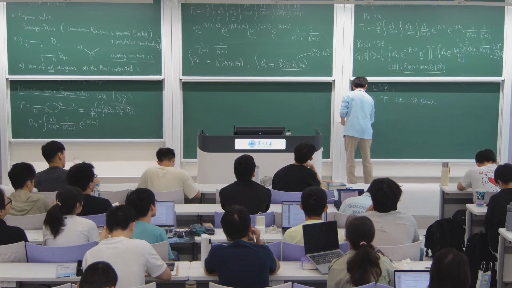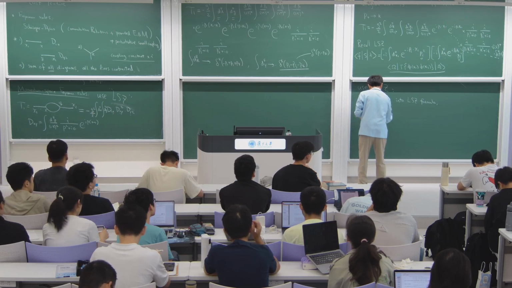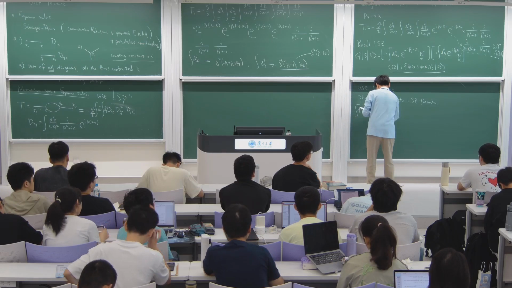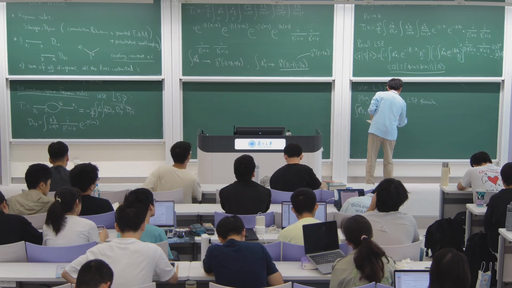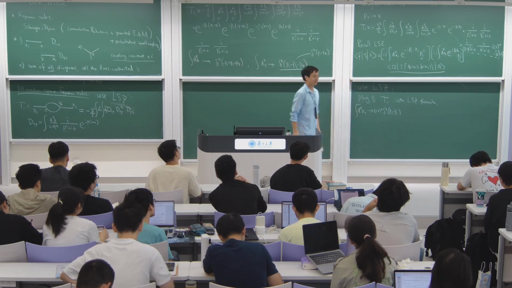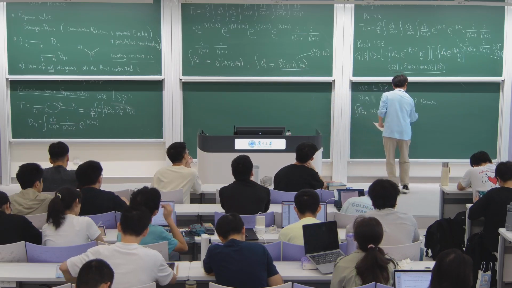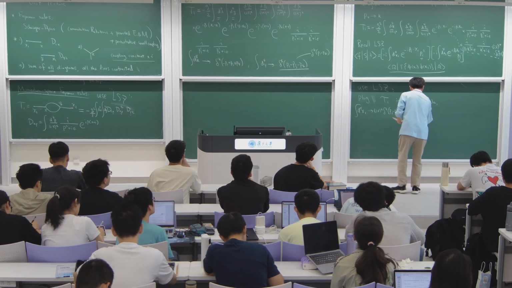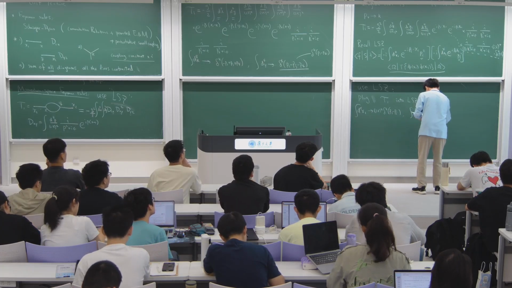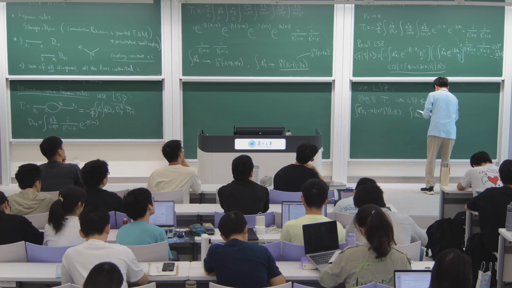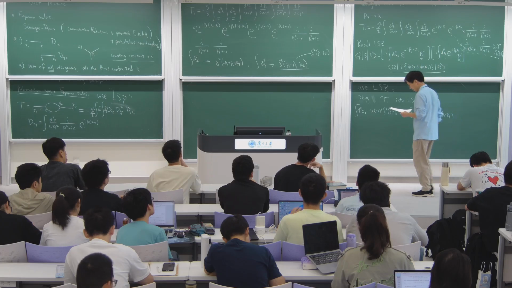This x1 integral will give you a delta function of p1 minus p_i. And you do the x2 integral, you also get a delta function of p2 minus p_f.